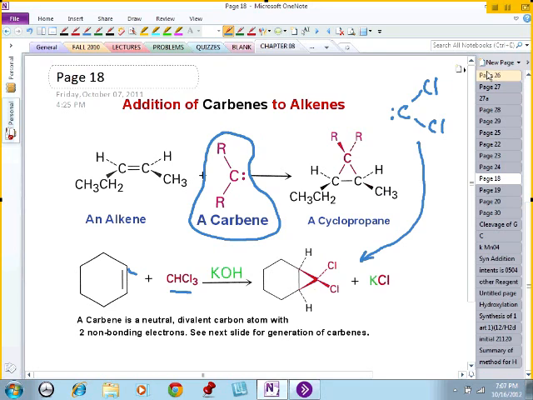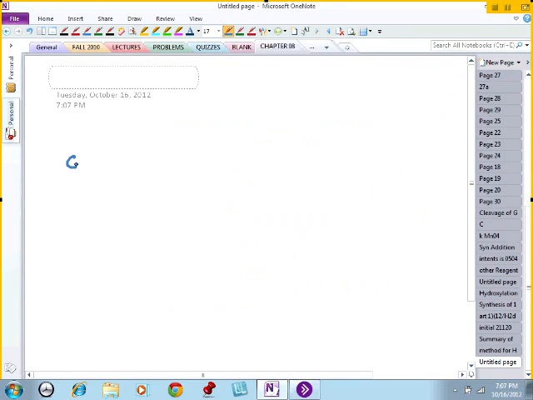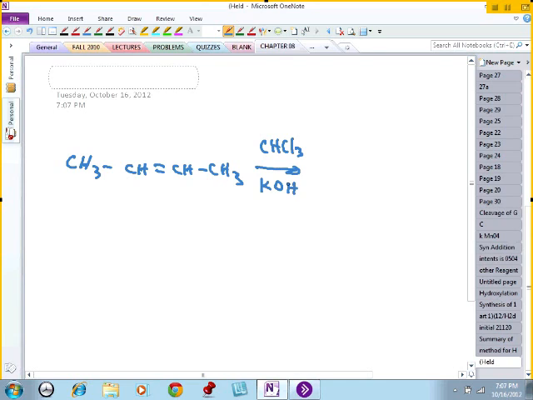So the way we will do this, supposing they just give you this. I say we have chloroform, and I say, what will be the product? The product will be, you are removing one hydrogen from here and a chlorine from here, and then the dichlorocarbene that you form, which is this here, will simply add to the double bond.